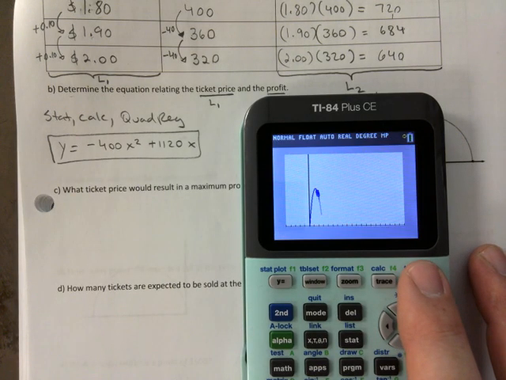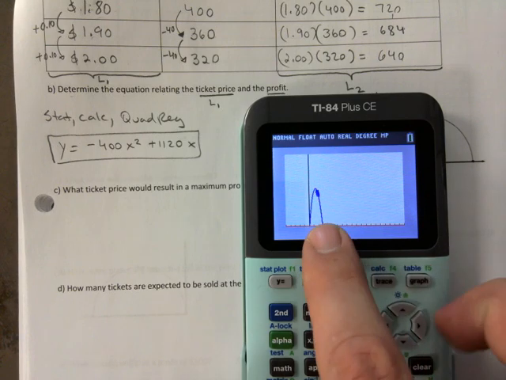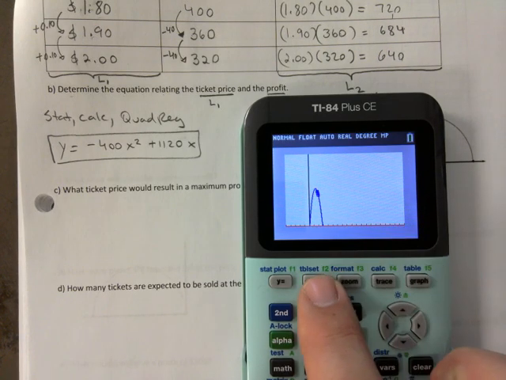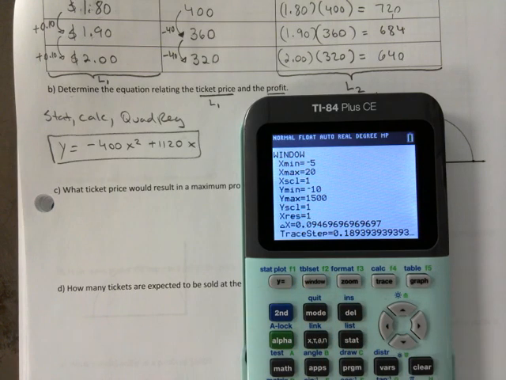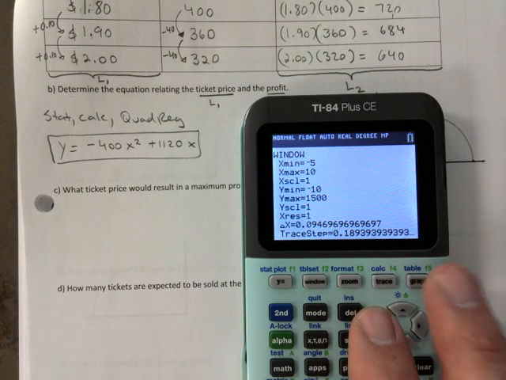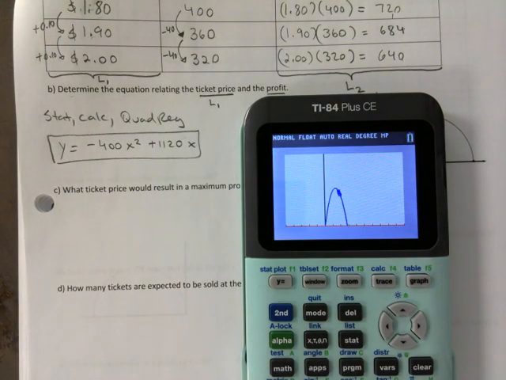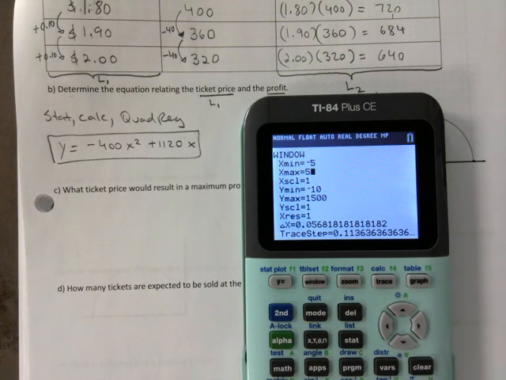Hit graph. Ooh, X max is overkill, right? I overdid it with my X max. So I'm going to go window. I can probably slice that in half. So X max just 10 maybe. Hit graph. It's still overkill. Not that it really hurts you.